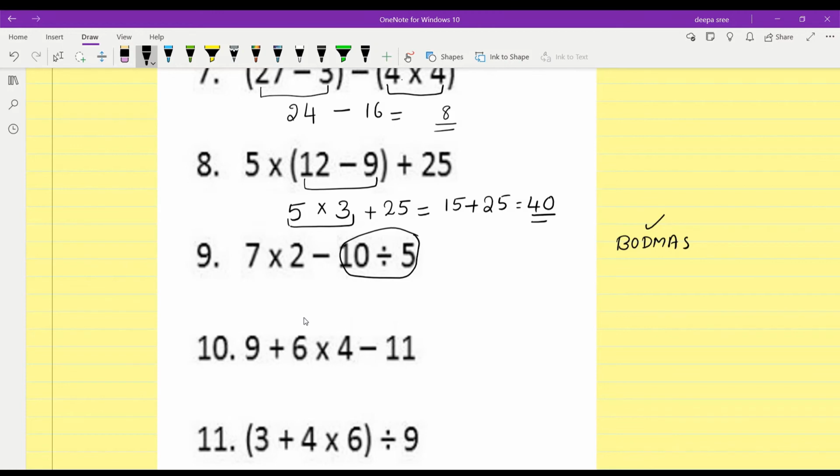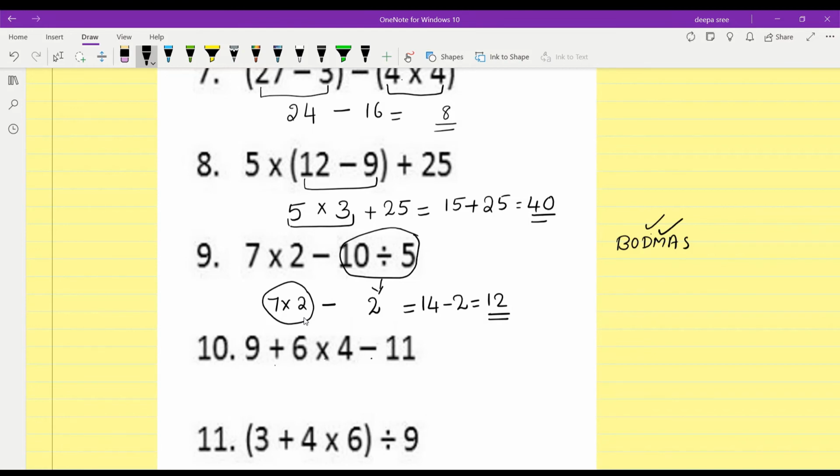So 10 divided by 5 is equal to what? 2. Remaining you should write as it is: 7 into 2 minus 2. Now the next one after division, what is there? Multiplication. Yes, multiplication is there. 7 into 2 what? 14. 14 minus 2, that's equal to what? 12. The answer is what? 12.